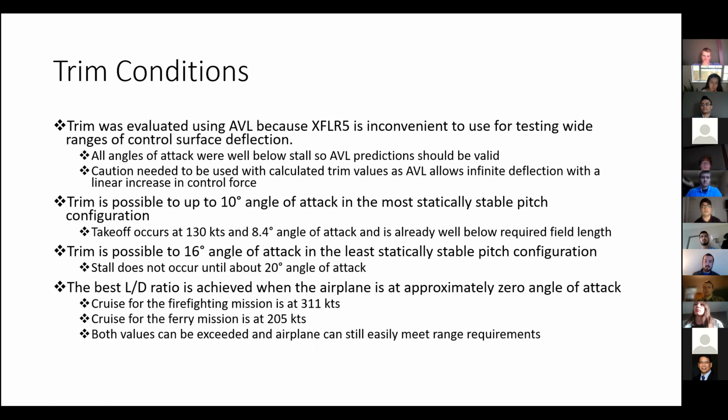You can trim up to 16 degrees, which is still below stall, even in the least statically stable pitch configuration. The best lift to drag ratio is achieved when the airplane is at approximately 0 degrees angle of attack. That gives us a cruise speed for a firefighting mission of 311 knots and a cruise speed for the ferry mission averaging 205 knots.